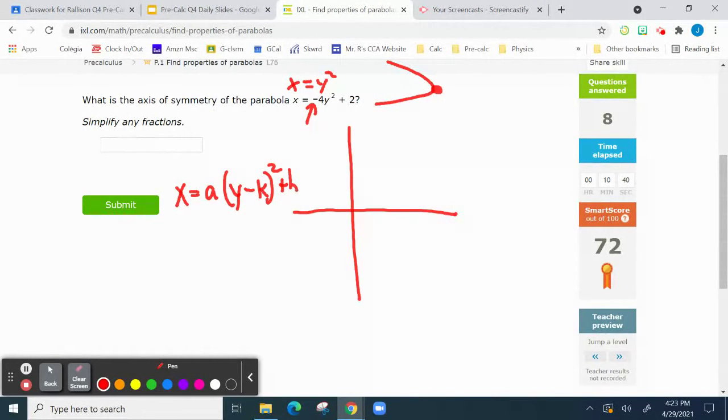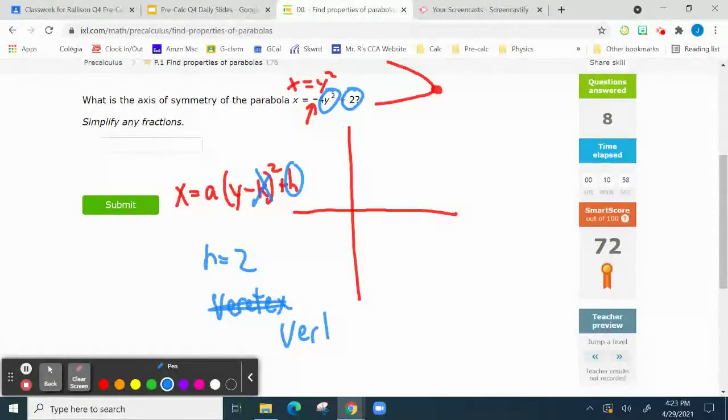And then we'll look at this formula and say, well, there's our h equals 2, and there is no k. So the vertex, it really is late. Vertex equals what? 2, 0. So x equals 2, y equals 0.